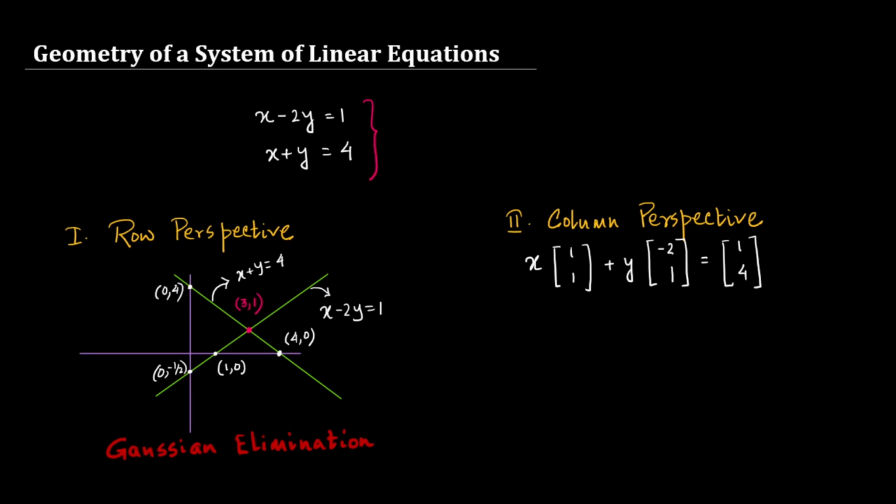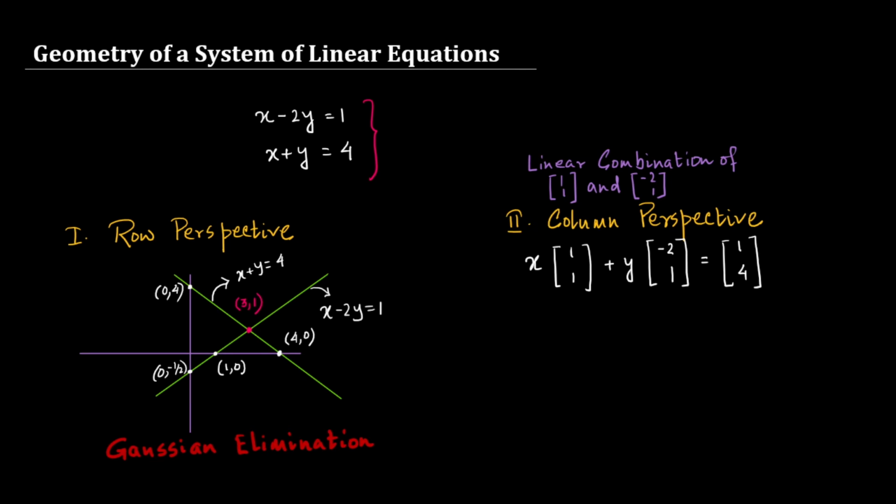Now, this kind of combination, that is multiplying the vectors with some scalars and taking their sum, is known as a linear combination of the vectors 1, 1 and minus 2, 1. That means for specific values of x and y, I will get one specific linear combination.